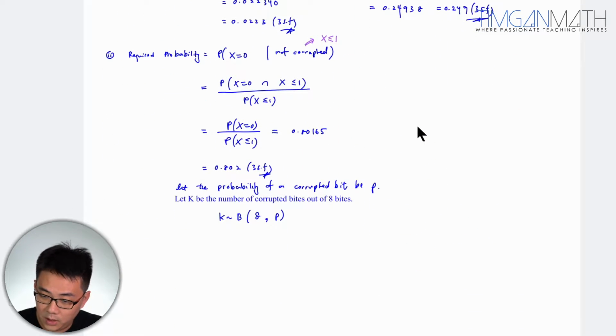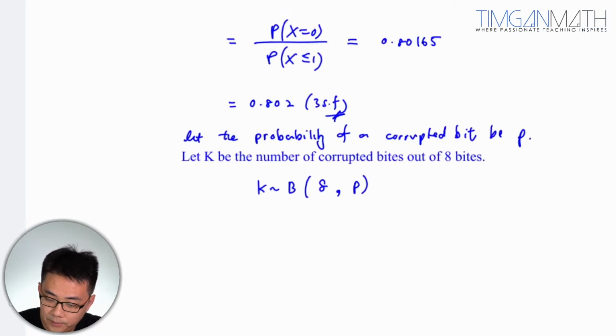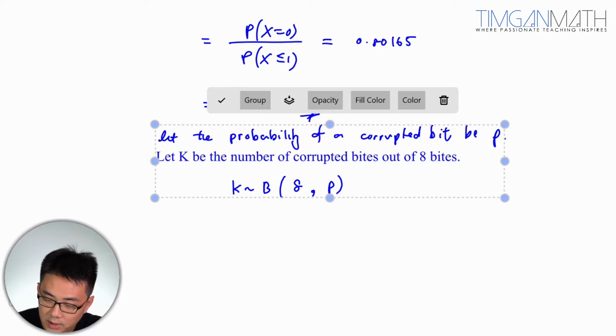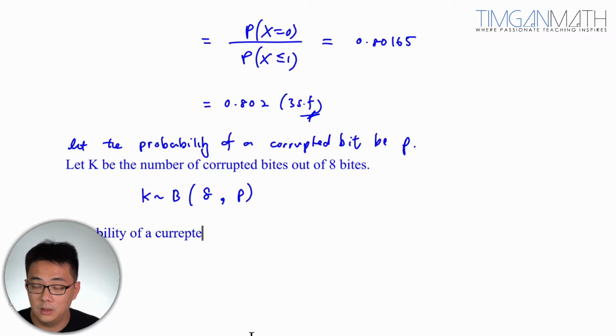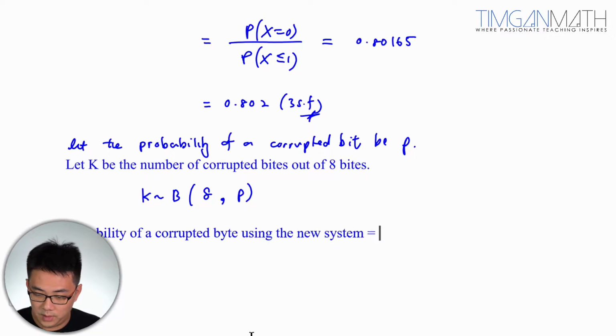So in this case here, I'm going to write it down. Probability of a corrupted bit using the new system would be the same thing, p, and k.